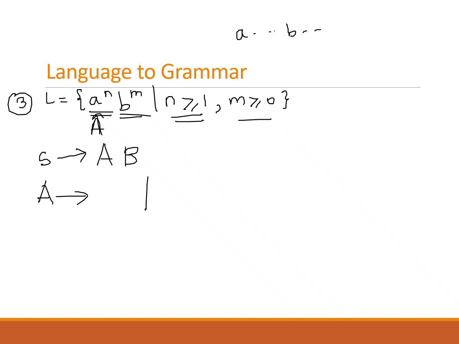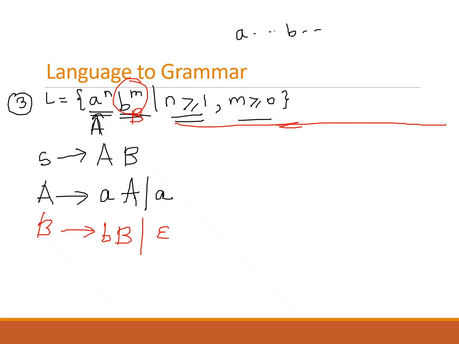I need at least one A, and then we create a recursion of A which allows me to increment the number of A's any number of times. And this B non-terminal is for this m times occurrence of small b. Now epsilon is allowed and we can have any number of b's which can be done by writing this recursion. So this is the grammar that can accept the language which is generated here.